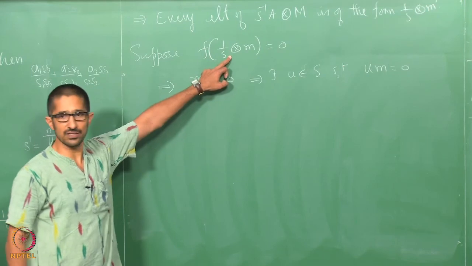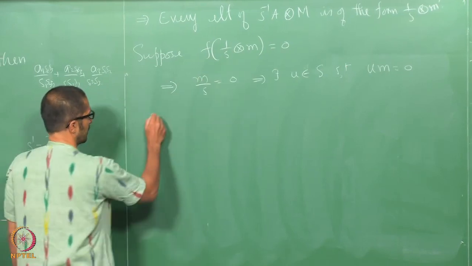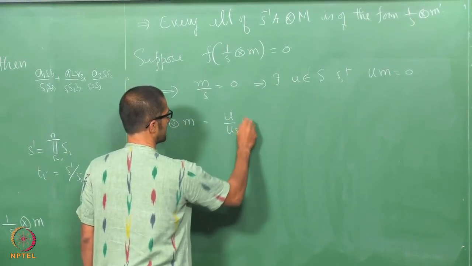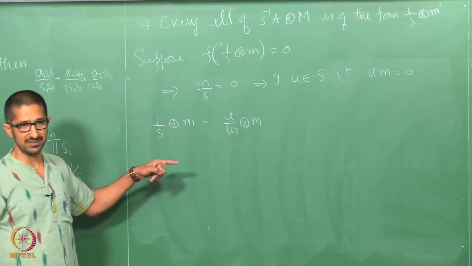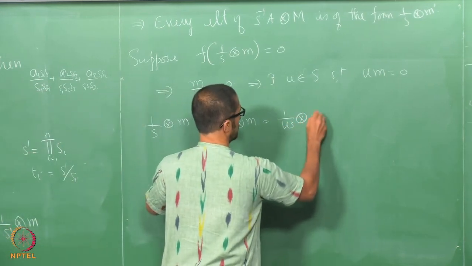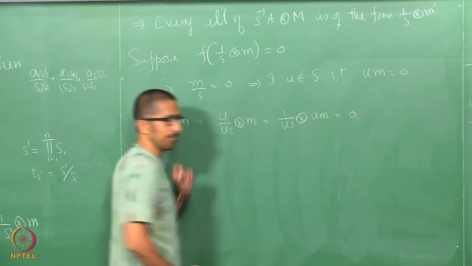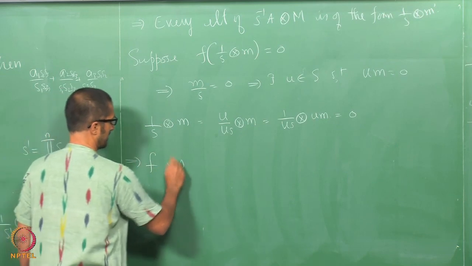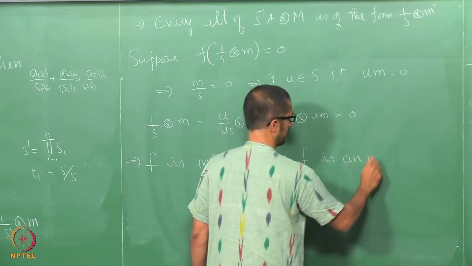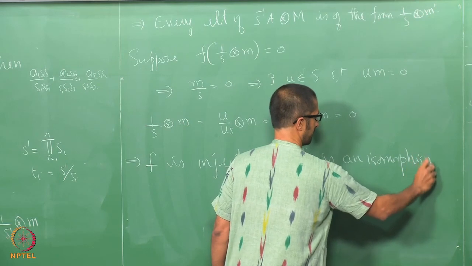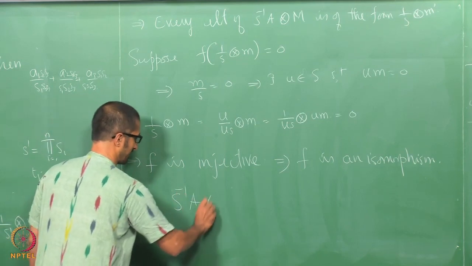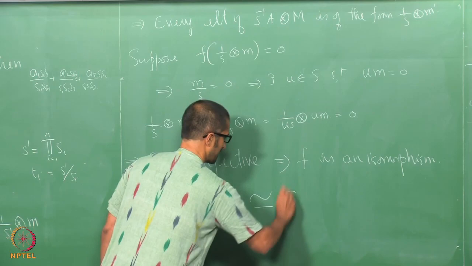Now, can you see that this is 0? 1 by S tensor M, I can write it as u by u s tensor M, u is in S. So, this is equal to 1 by u s tensor u m, but u m is 0, therefore, this is 0. So, this implies f is injective, and that implies f is an isomorphism. And so, what we have proved is S inverse A tensor M is isomorphic to S inverse M.